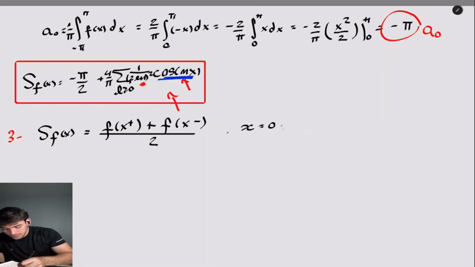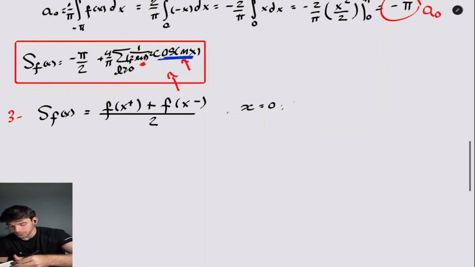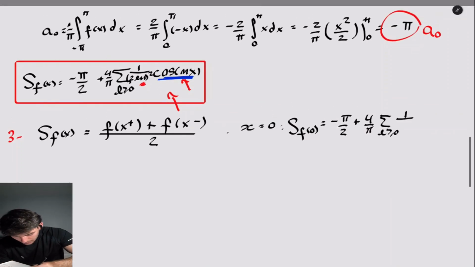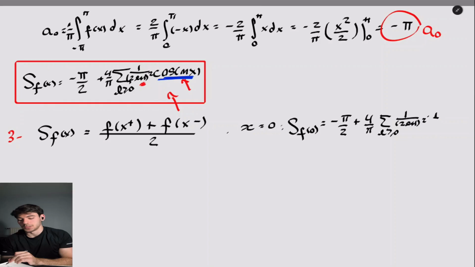If x equals 0, we'll have Sf of 0, that's minus pi divided by 2, plus 4 divided by pi, the sum of L greater or equal to 0 of 1 divided by 2L plus 1 squared times 1, because cosine of 0 is 1. So we've written down the sum of our function substituting the value of x as 0. I'll just erase this times 1.